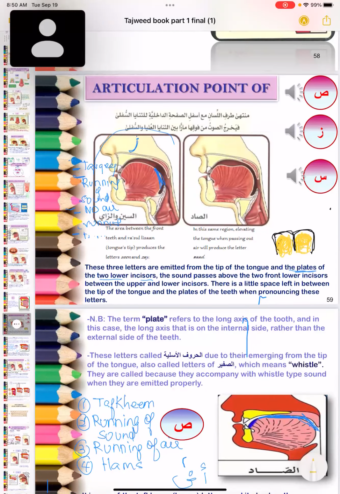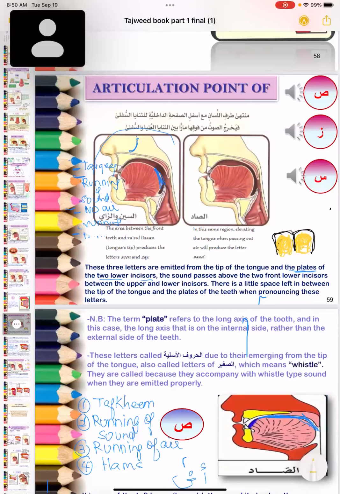So what you do is you bring your tongue close to the surface of the teeth, the plates of the teeth, and don't touch it. It doesn't touch. You leave a gap. There's a gap between the tip of the tongue and the plates of the teeth.